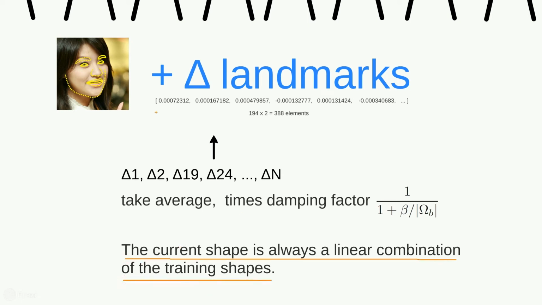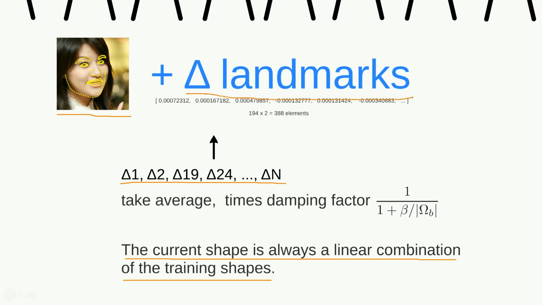Now, a thing worth mentioning is that the current shape is always a linear combination of the training shapes. And this can be proved because the average shape is the linear combination of the training shapes. And then suppose the current shape is also a linear combination of the training shapes. We will see that the deltas, they are the difference between the average shape and the current shape. So these are also the linear combination of the training shapes.